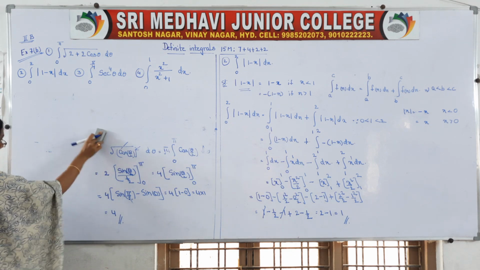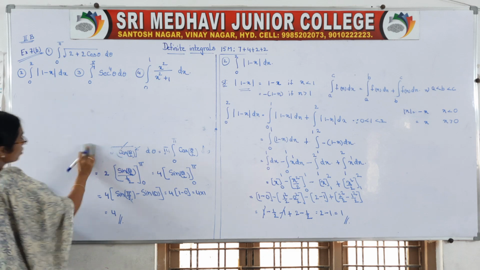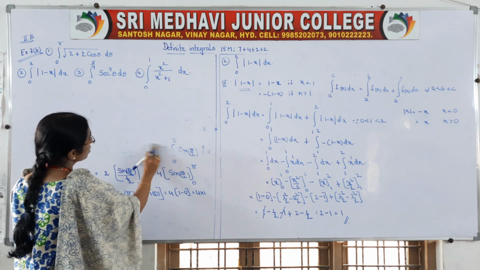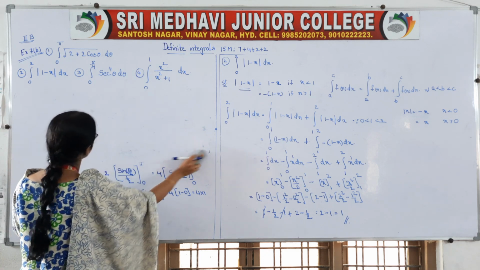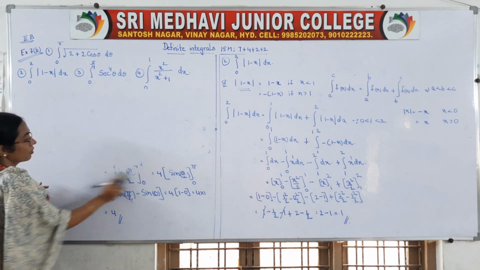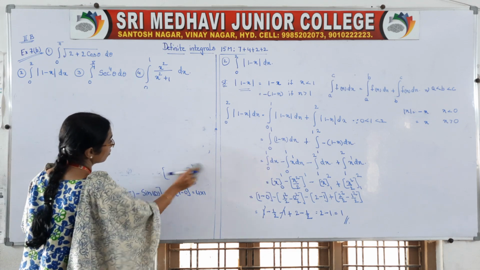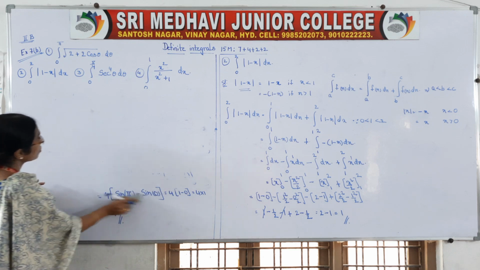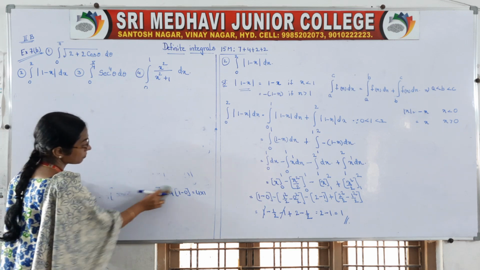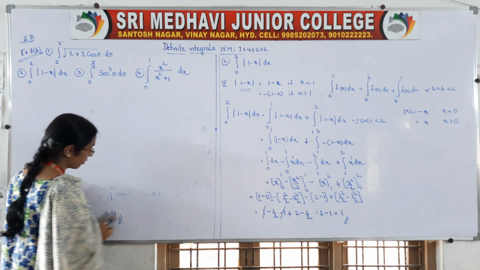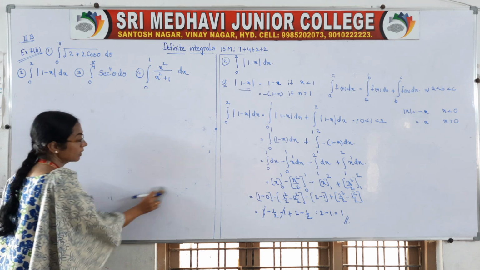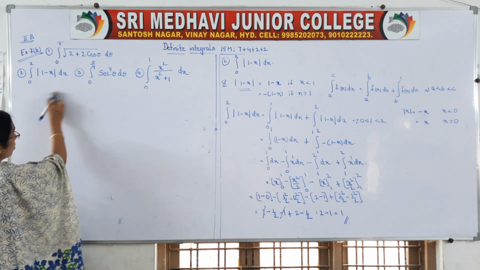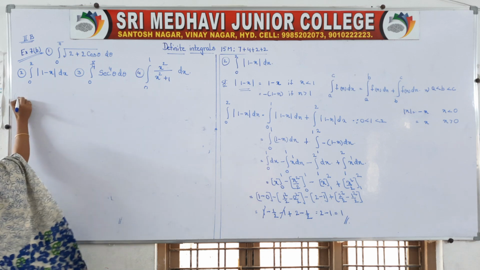We can write that as secant to the power of 4 theta d theta. So secant square theta into secant square theta, we can do it. So come on, we will do that problem now. So third problem and fourth problem, you have to take it as homework. Okay, so come on, take the third question now.